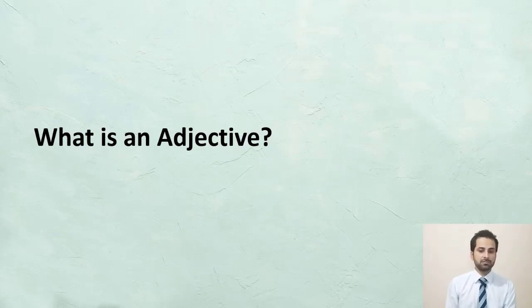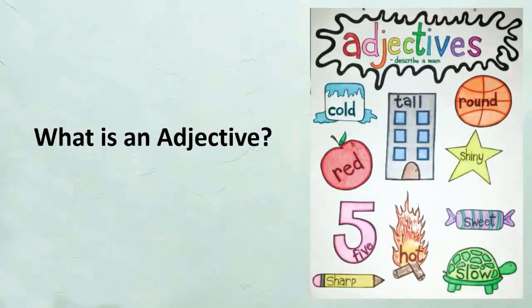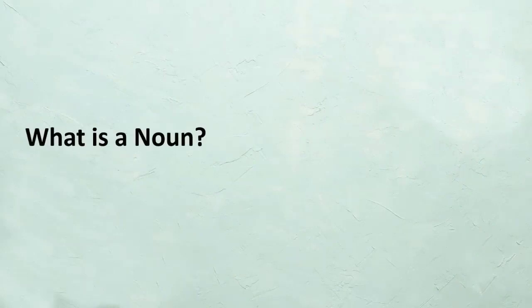For example, you can see in this picture, there are some nouns like building, apple, candy, and some words are also describing those nouns. Like red is describing the apple, sweet is describing the noun candy, and shiny, that is an adjective, is describing star.